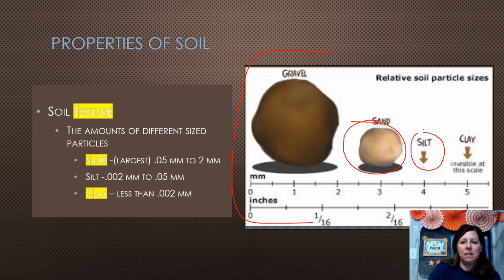Then silt is even smaller, and then clay, which is what we have here in Georgia, is almost invisible to see, one tiny particle of clay. It's very, very small, less than 2/1000ths of a millimeter, so I don't think we could even see that with our eyes. So the first property of soil is its texture.